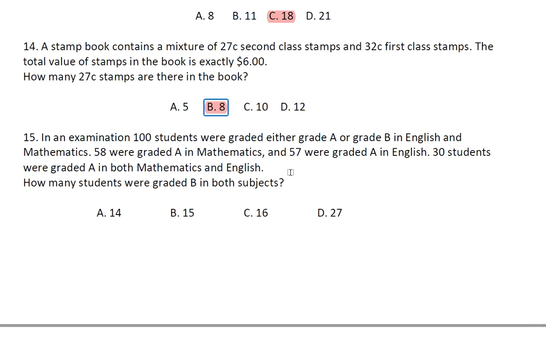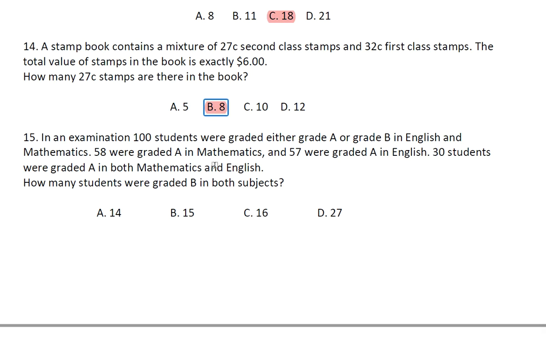All right, in an examination, 100 students were graded either grade A or grade B in English and mathematics. 58 were graded A in mathematics and 57 were graded A in English. 30 students were graded A in both mathematics and English. How many students were graded B in both subjects?